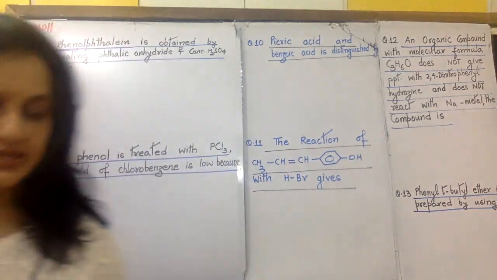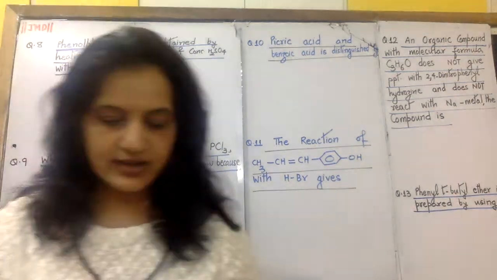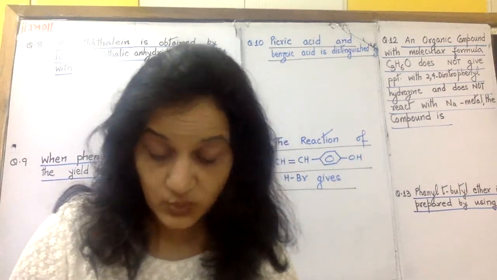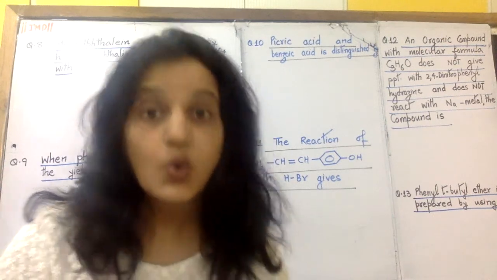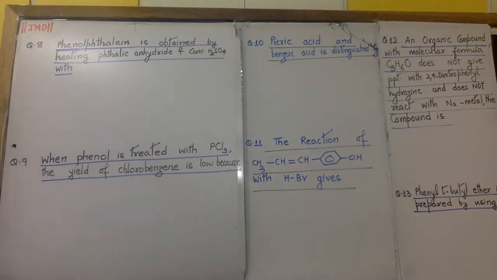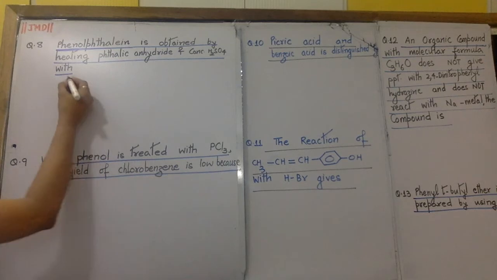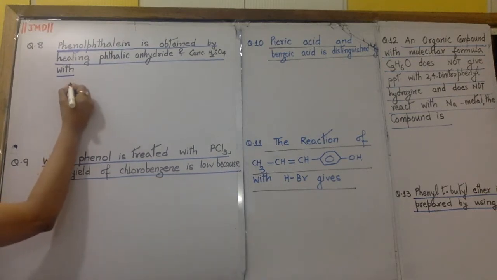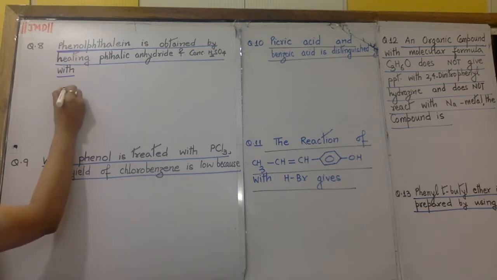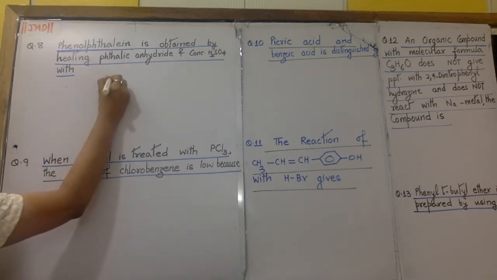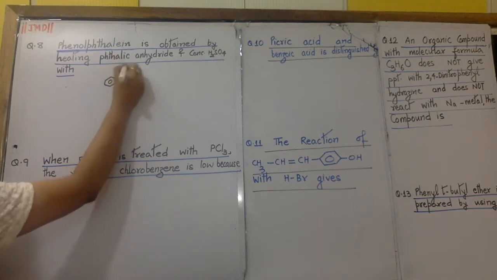Phenolphthalein is obtained by heating phthalic anhydride and concentrated sulfuric acid. This is the structure of phthalic anhydride.